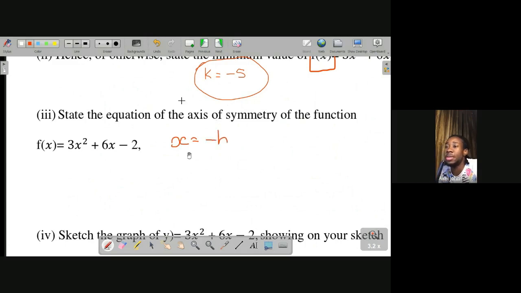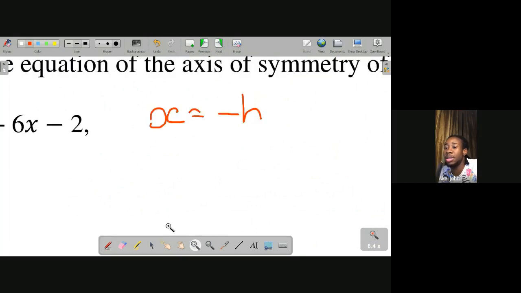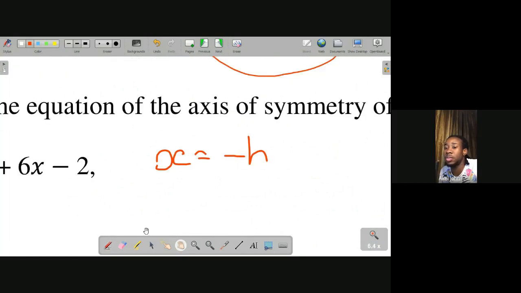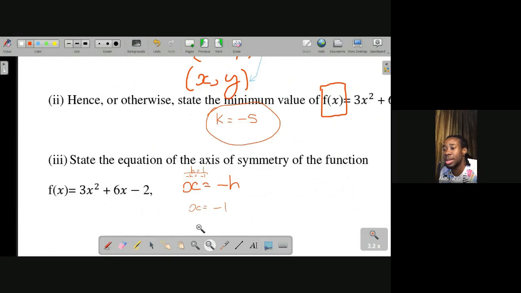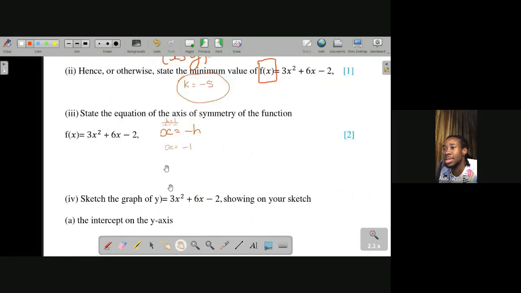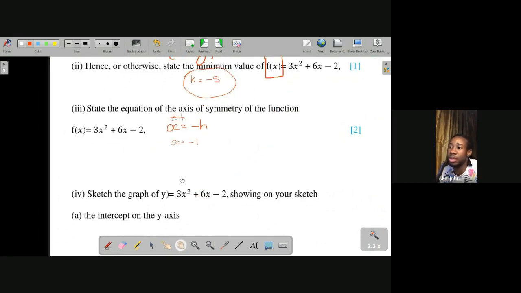We found h to be +1, I believe. So if h is +1, then -h would be -1, yes. So x is equal to -1. And I do that for 2 marks.